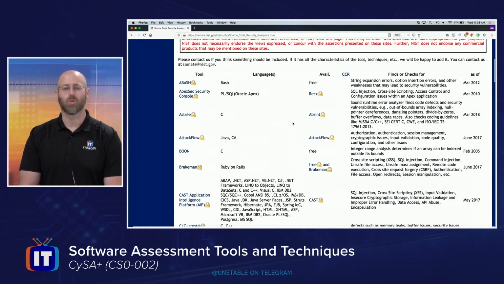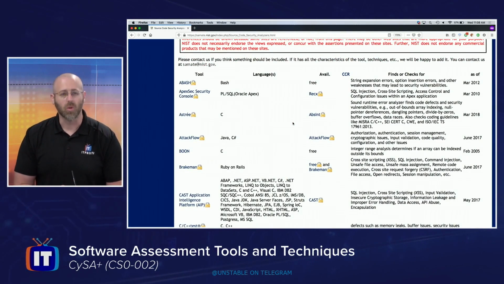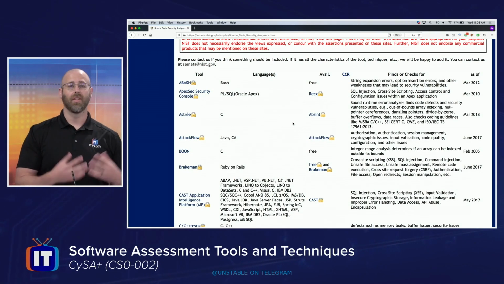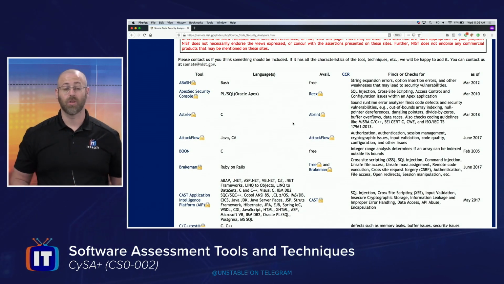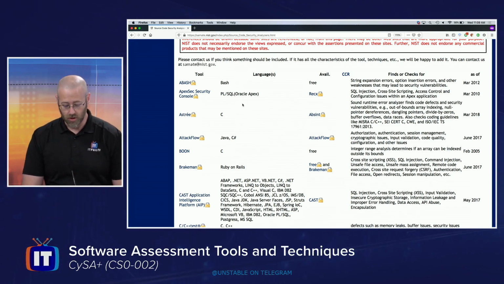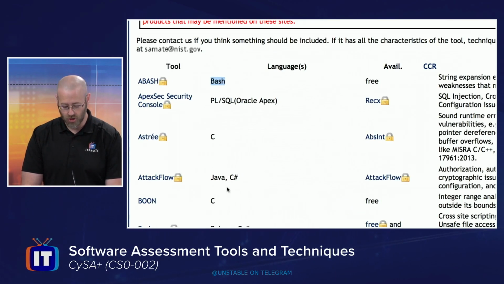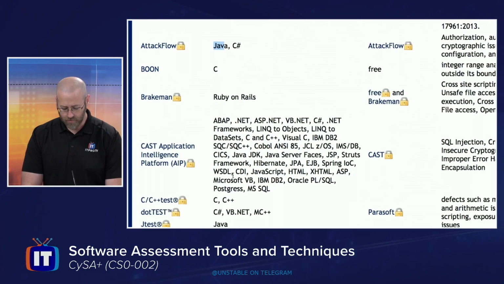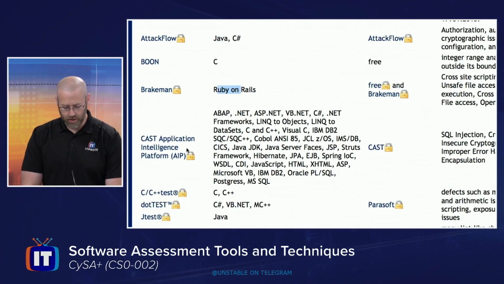And then down here is where the real gold lies, because there is a laundry list of software analyzers that you could use depending on the language that you're using and what it is you're looking for. Here we've got some of the languages it assesses: Bash, C, Java, Ruby on Rails. Here's one, the CAST Application Intelligence Platform, which does quite a bit of lifting.